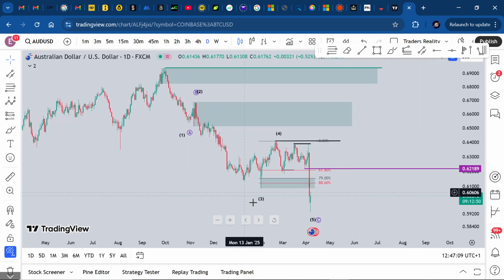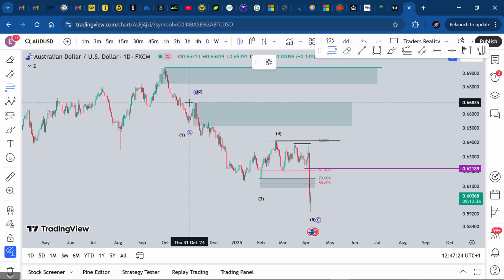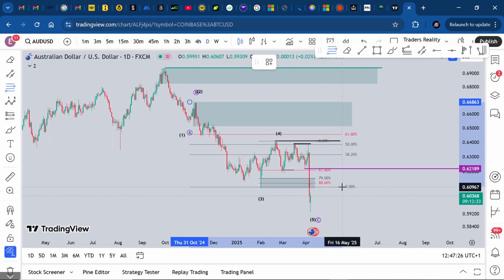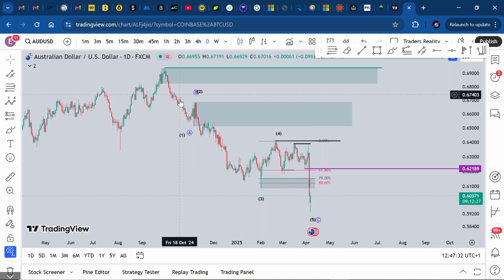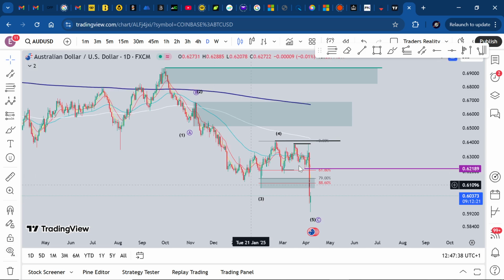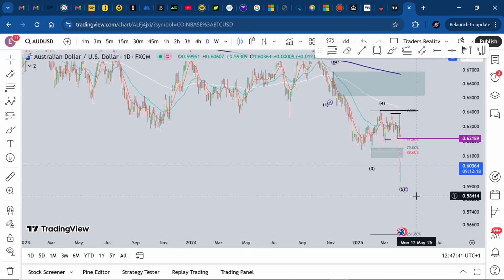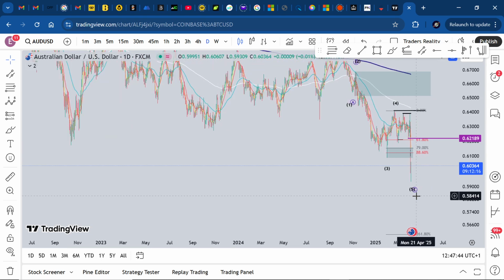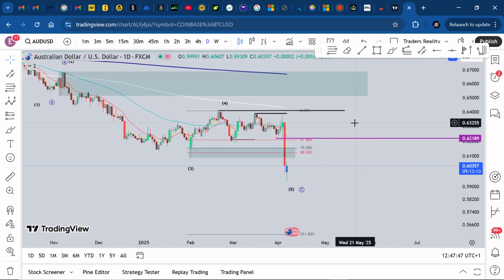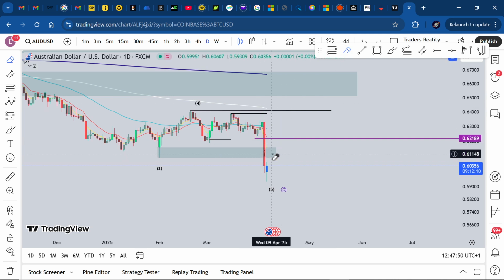Okay, but this can all be corrective. 1, 2, 3, 4, 5, A, B, C. This looks good for a 1, 2, 3, 4, 5, but it could still be A, B, C, and this is getting to me a bit because I would have to go into it a bit more, which I'm doing right now.